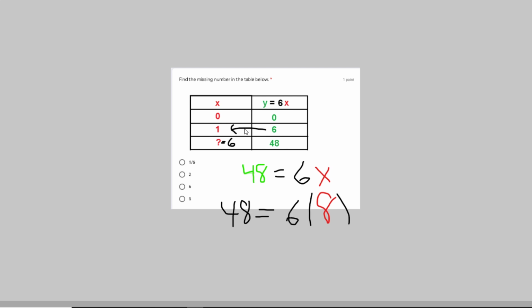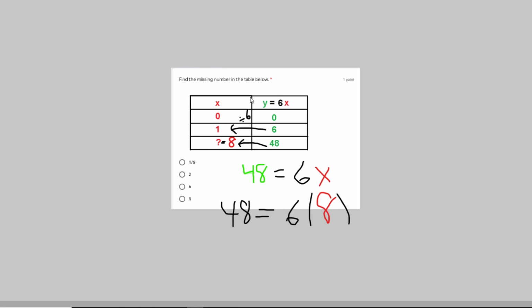Right? 6 divided by 6 would give us 1. So we can do the same thing here. 48 divided by 6 will give us, that shouldn't be a 6, that should be an 8. Hopefully you caught that. Let me use red here. Right, because 8 times 6 gives us 48.